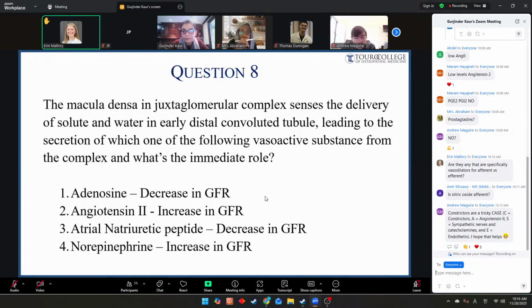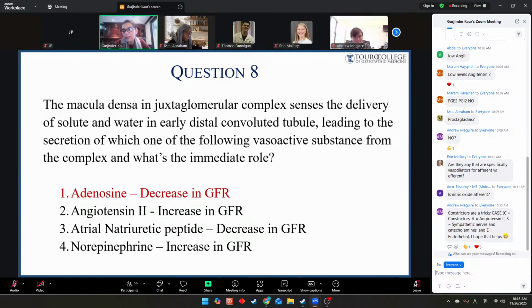It is adenosine, which decreases the glomerular filtration rate because it's basically sensing more solutes due to an increased filtration rate, and then it does that negative feedback essentially. Beautiful, beautiful. Thank you.